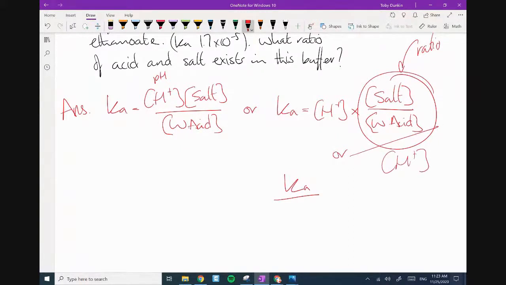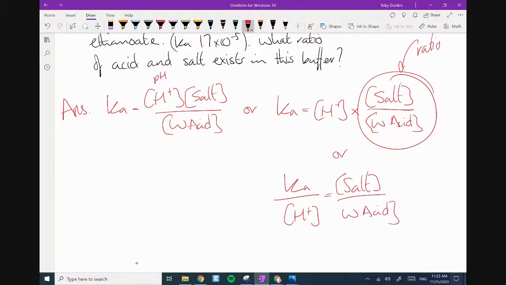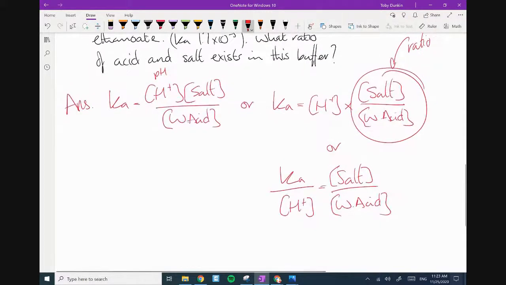Can you do that? I think that's right, yeah? Dat, just check me, over H plus will give me the salt and weak acid ratio. Dat, am I correct so far, please? Is that the correct translation down to that? It is, right? Simple maths. Basic maths. I shouldn't say basic.